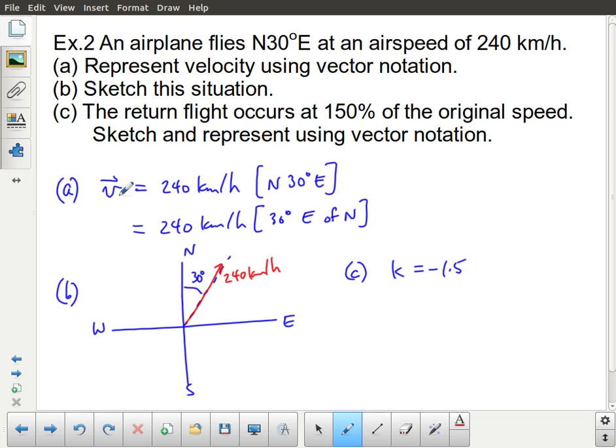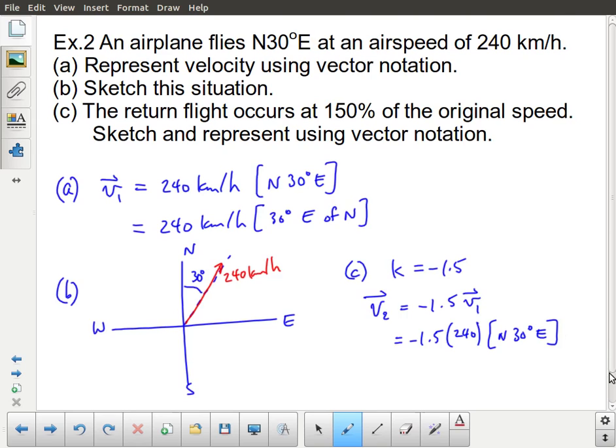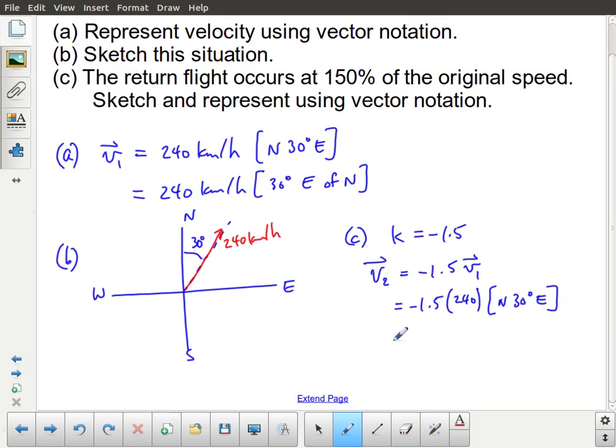If we call this one V1, then V2 is equal to negative 1.5 V1, which is negative 1.5 times 240 north 30 degrees east. And notice that I have not put in the units this time.